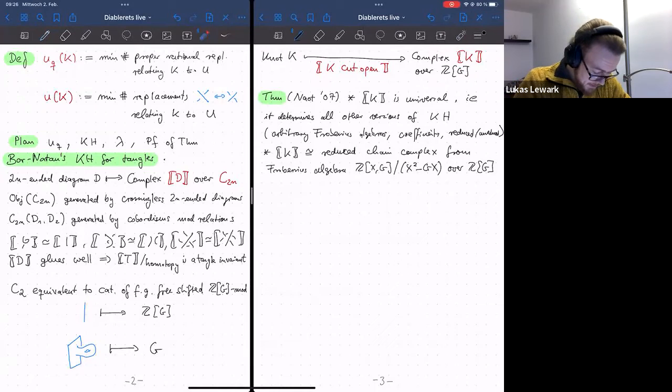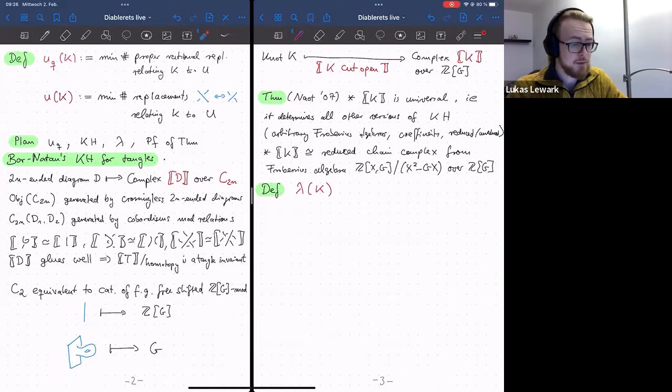All right, so where are we in the plan? You know about UQ, you know about Khovanov homology. Now let me tell you the definition of lambda. We've spoken about a lambda of a knot so far, but actually it's easier to immediately define lambda as a pseudometric on knots.